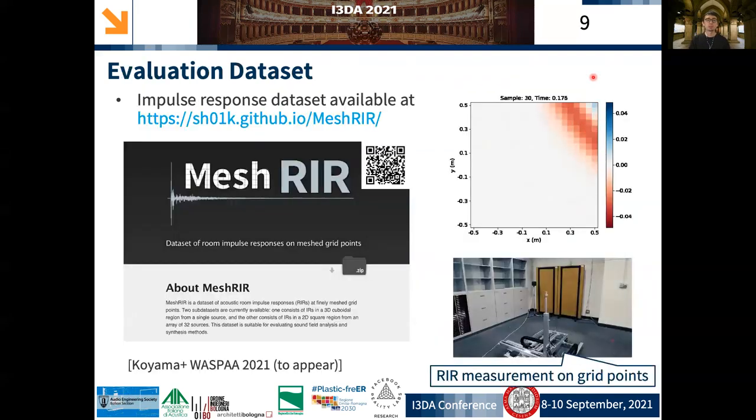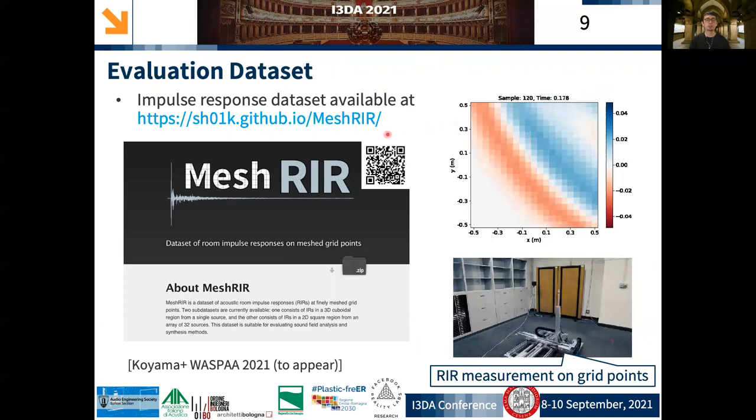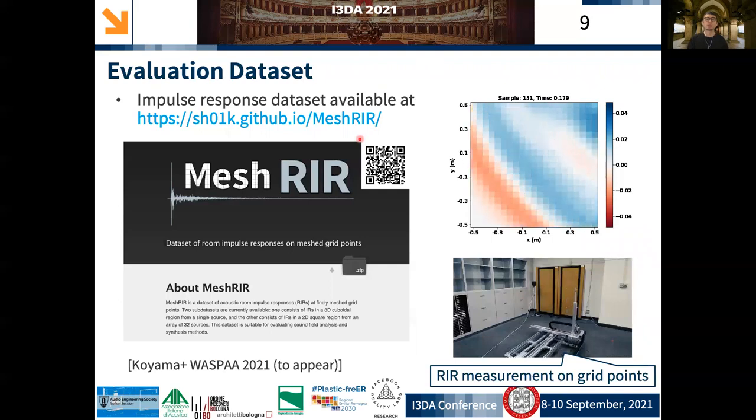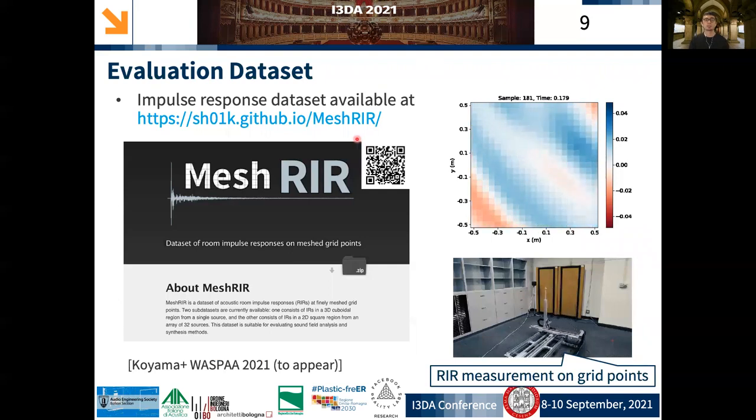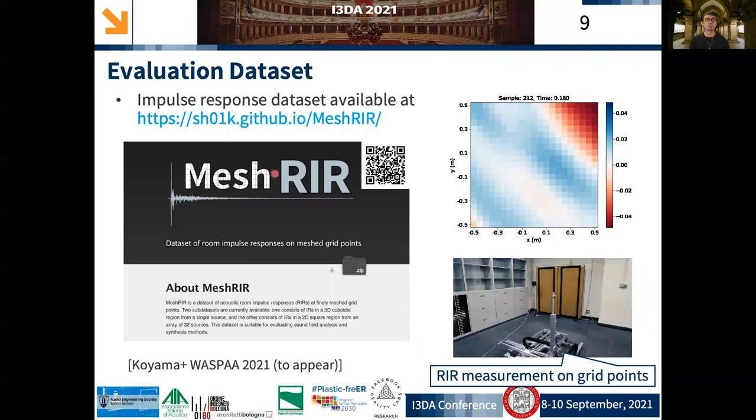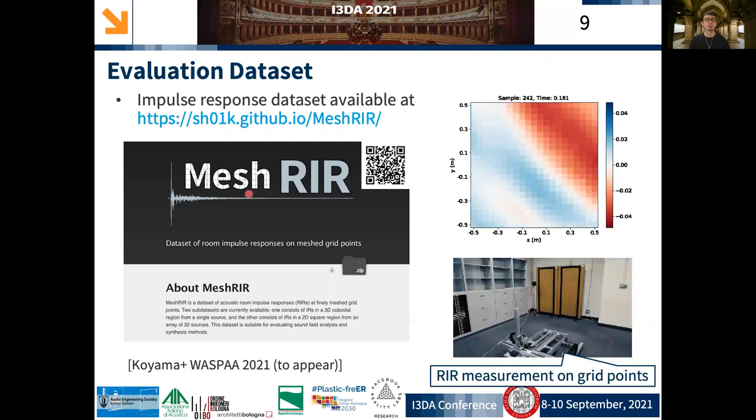We evaluated the introduced sound field reproduction methods using real data measured by a practical array system. We used an impulse response dataset we recently released, which is called Mesh RIR dataset.